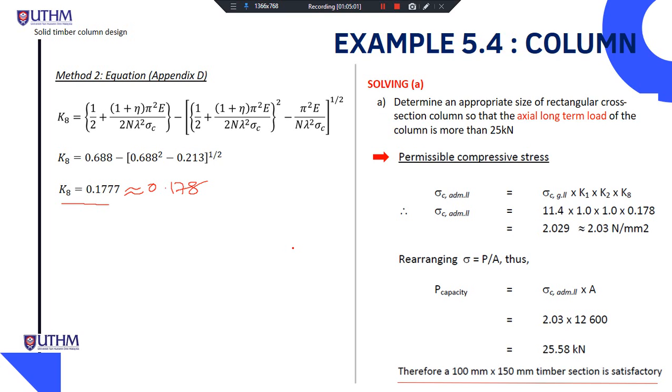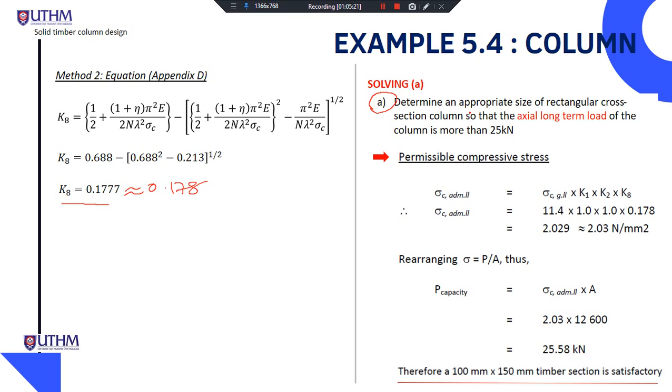In the later design, you can use either the equation or table 10. Then we start solving case A.